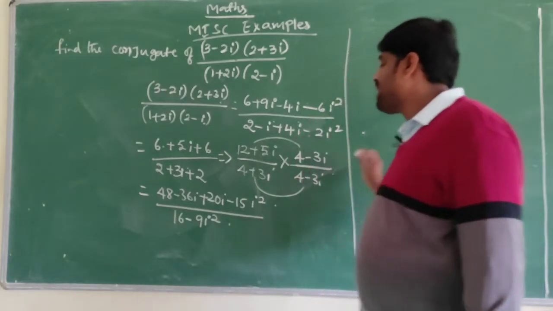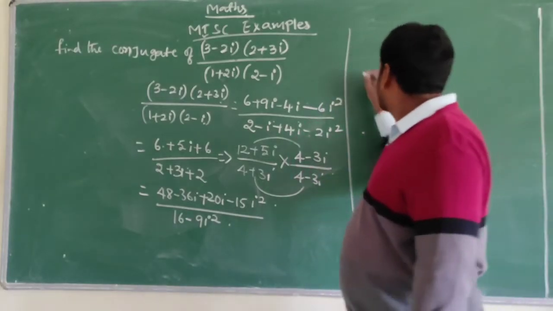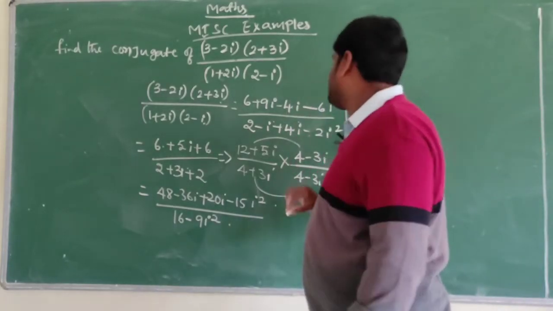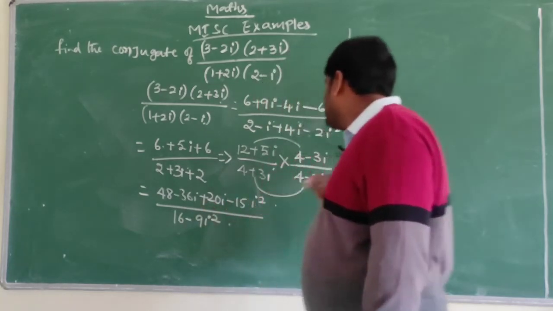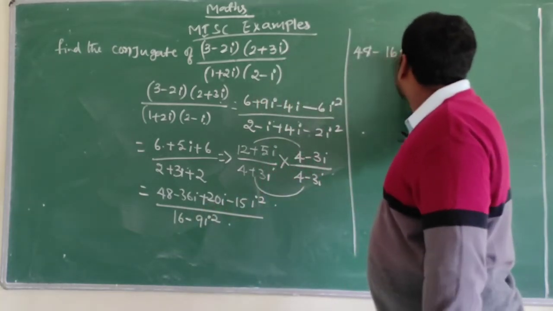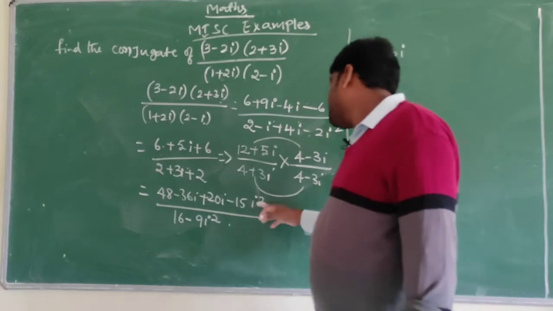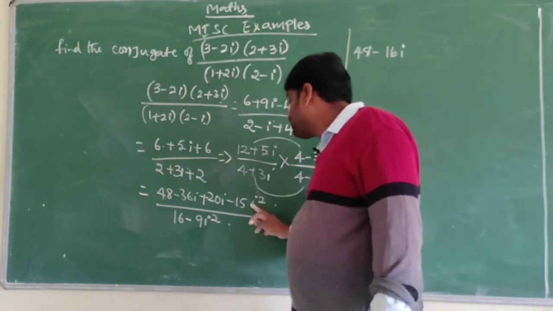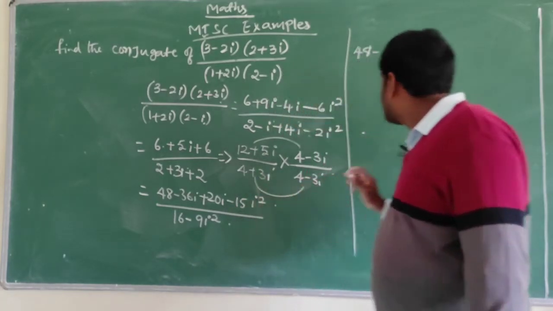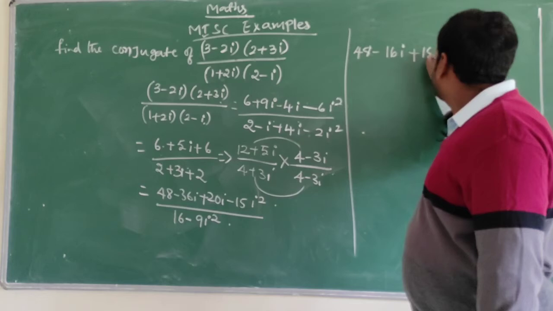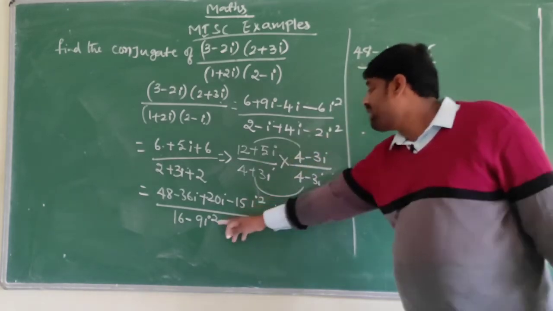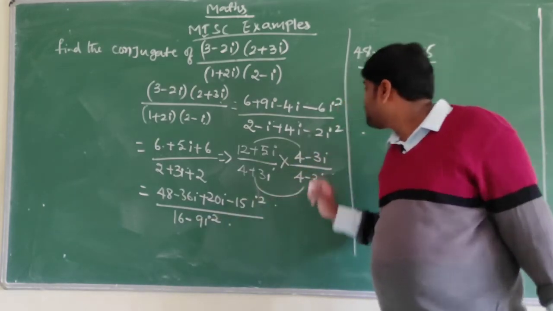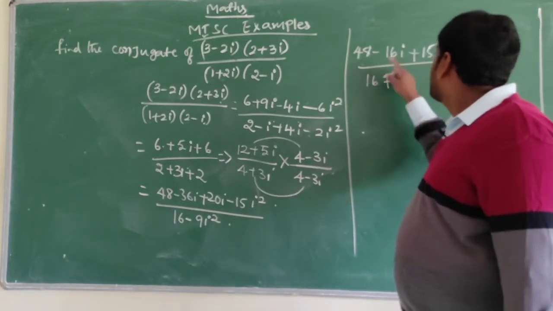This can be written as 48 as it is, and 36i plus 20i is minus 16i, and again i squared is minus 1, minus into minus plus, that is plus 15, divided by 16, and again i squared is minus 1, minus into minus is plus 9.